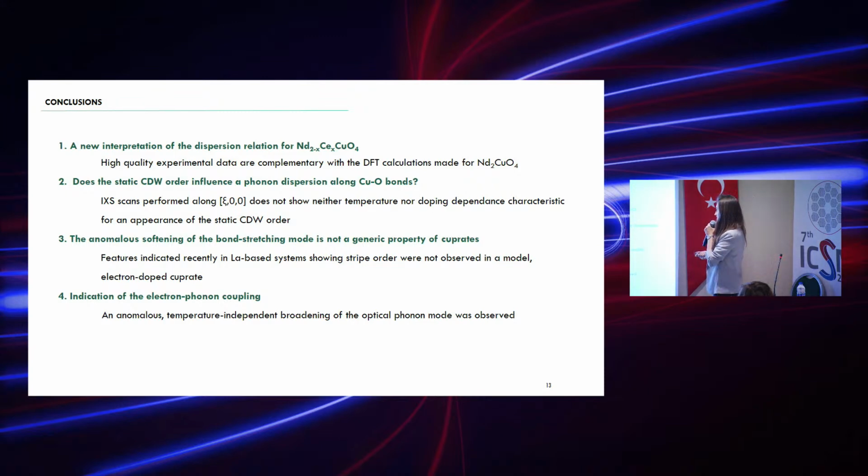I'm also saying that this anomalous softening of the bond stretching mode is not a generic property of all cuprates. It was observed for striped order systems, but it wasn't observed for any other system where the stripes are not present. And we see in our studies some indication of electron-phonon coupling that is possibly caused by dynamic charge density wave order coupled with paramagnons.